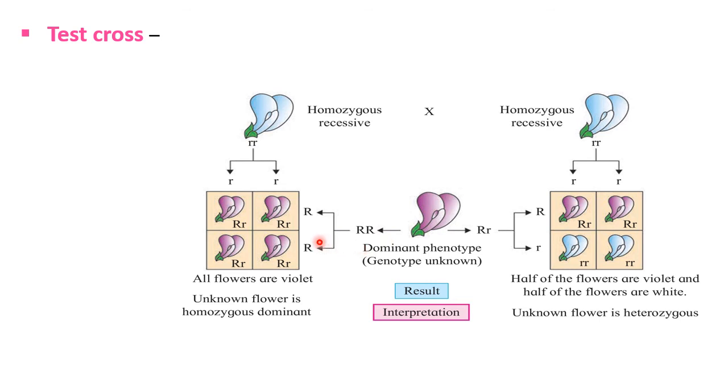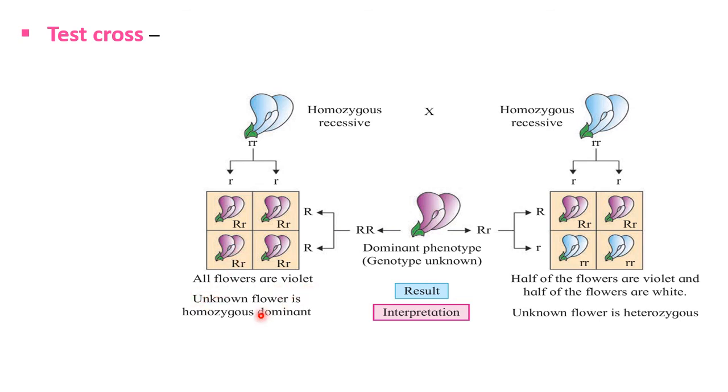Now here we see capital R, small r, hybrid violet flower is produced, and this repeats for each of the four offspring. So all the flowers are violet.